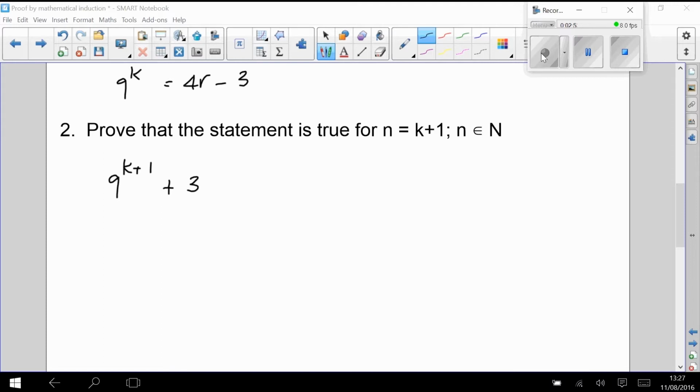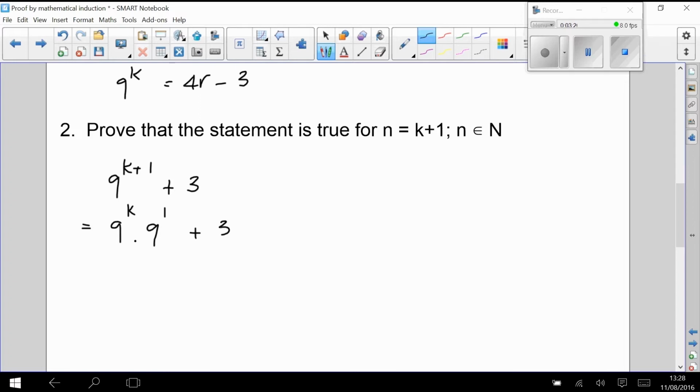Now what I need to do is take the statement that I've got and try and break it up so that I can get 9 to the k on its own. As soon as I've got that, I can replace that by 4r minus 3. The first thing that I'm going to do is break up that factor 9, because the factor 9 was described by k, and the factor 9 was described by 1.